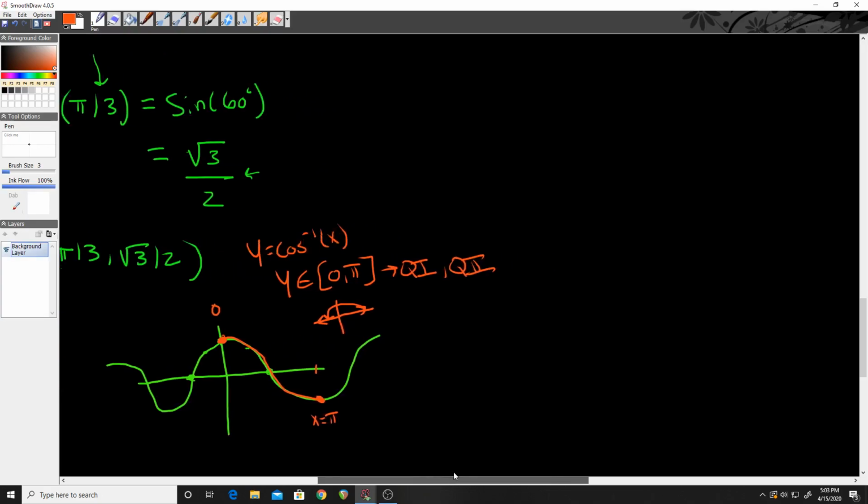Lastly, for this video is the inverse tangent. And I do want to just point out that there are multiple valid ways to restrict an inverse trig function's range. And here I'm drawing a regular tangent function.